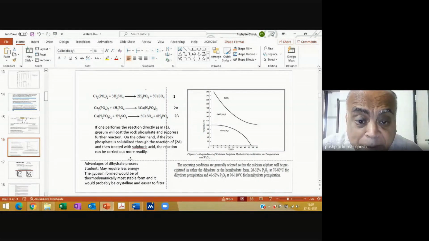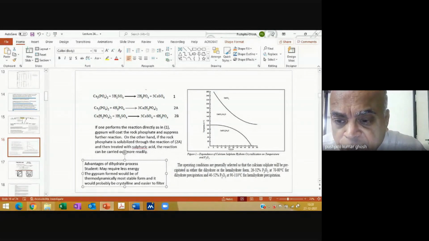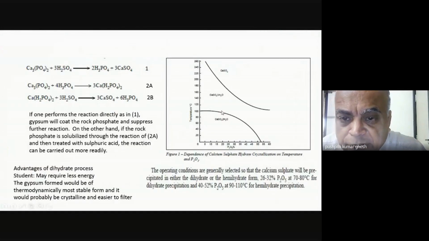Thank you, sir. But now here, when I'm operating, let's assume that I've solved the problem of what I'll do with the hemihydrate. So I go somewhere here, about a temperature of 120, and now you can see that I will be somewhere around maybe 40 to 50% concentration of P2O5.